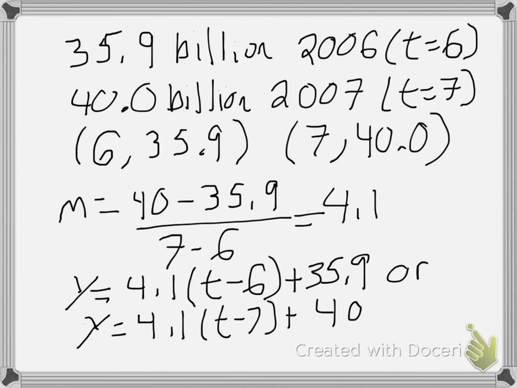So how would we use this model to predict for 2010, which is question number B? Well, that's pretty straightforward. We're going to use our equation. We'll write it down again. It doesn't matter which equation you use. You should end up with the same amount.